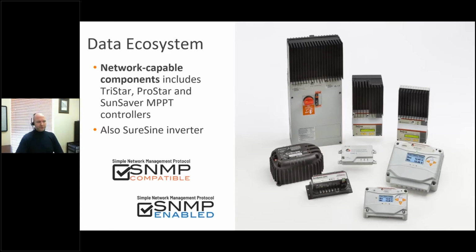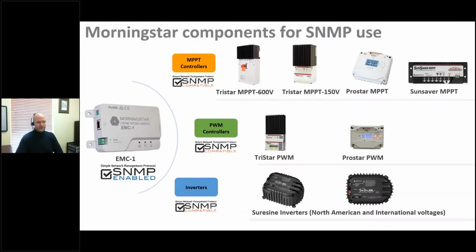All of these products are SNMP compatible, and they are enabled for SNMP using the EMC1 adapter, which is shown in the middle of the photo there. You can see that the enabled product, the one that actually runs the SNMP agent, is the EMC1. So that's got the processor and the communications capabilities and the Ethernet link to provide that. And then it connects to all of the products seen on the screen here to give them the ability to be polled via SNMP.